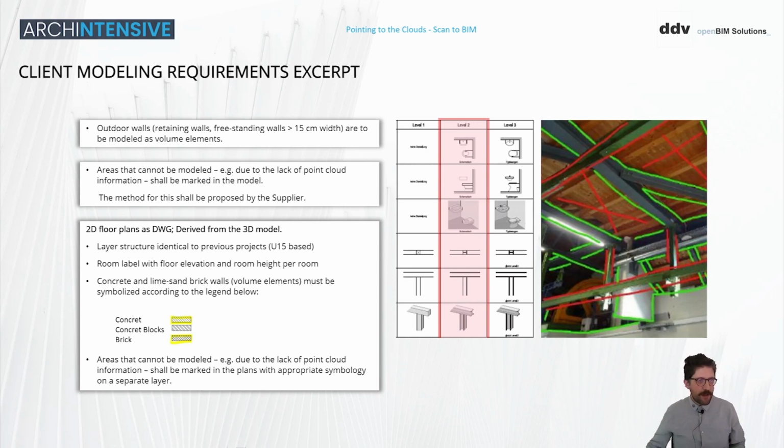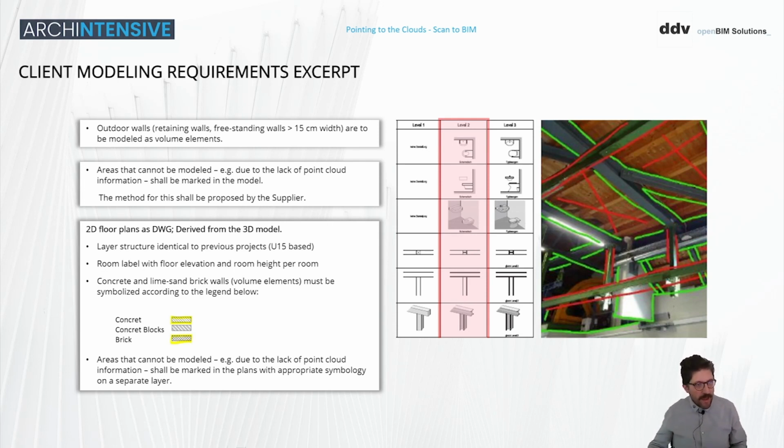And this is another example. In this case, it's regarding 2D requirements for the DWG outcomes. For example, requirements regarding layer structure, room labels, or materials, depending on which are the further purposes that other disciplines will make using our models.